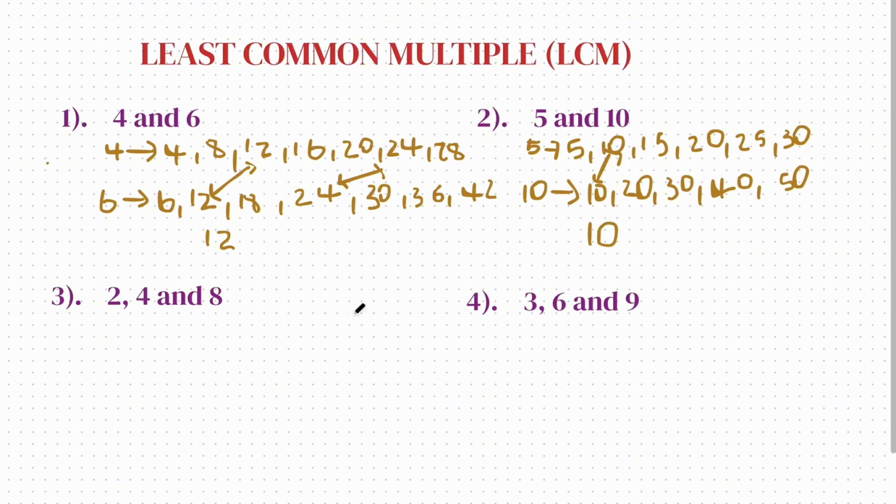Let's move on to our third example. We need to find the LCM of 2, 4, and 8. So what do we do? We list the multiples of 2, 4, and 8.